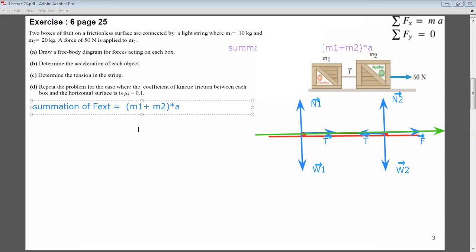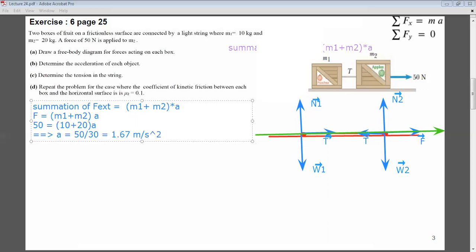And I have the F. So I only have F equal M1 plus M2 times A. This F is 50, equal to 10 plus 20 times A, which implies A equal 50 over 30, and this is equal, just like in part 1, 1.67 meter per second squared.